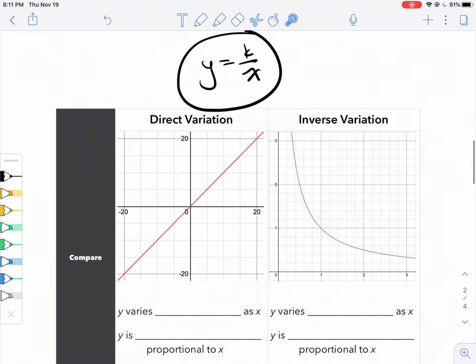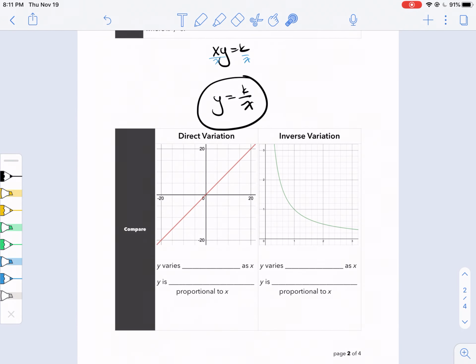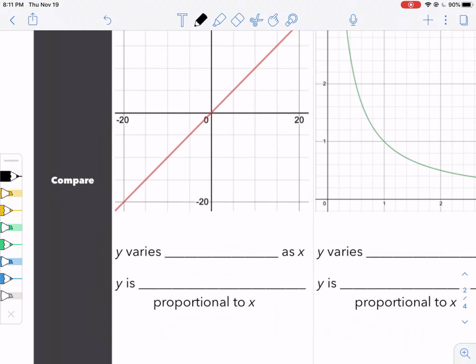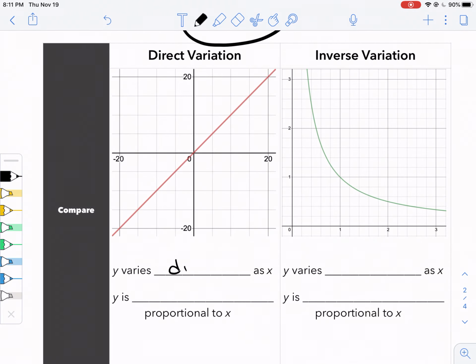So remember yesterday when we talked about direct variation, we say that y varies directly as x. That is, whatever our x is, our y is going to increase when it increases, and at a steady rate.